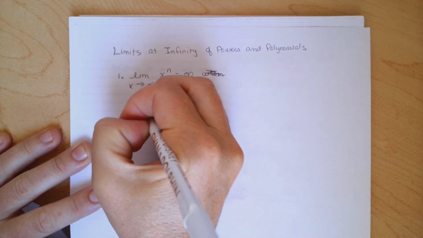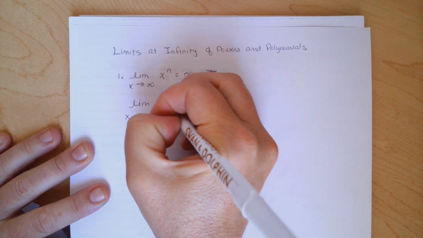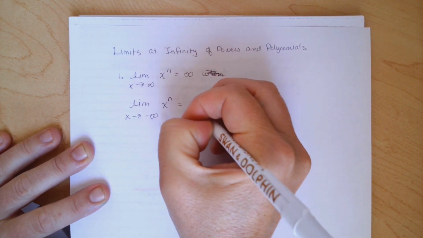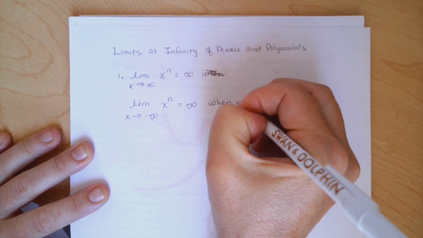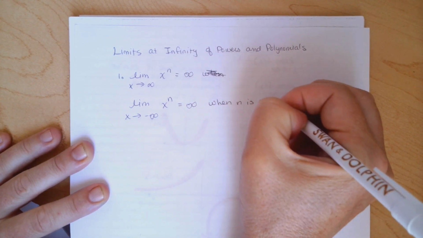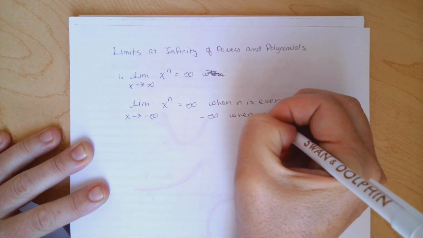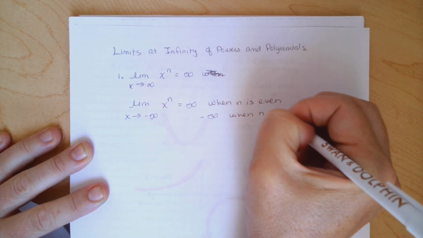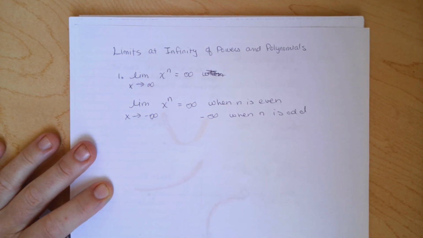The limit as x approaches negative infinity of x to the n equals infinity when n is even, negative infinity when n is odd. That makes sense, right?